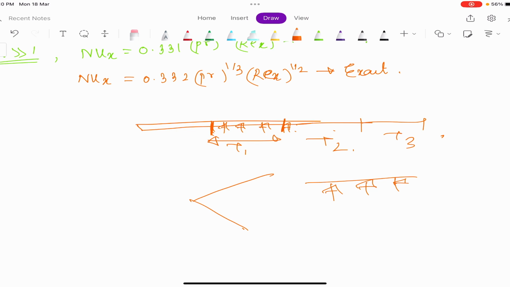I will start with internal forced convection for pipe flows, then I will go for parallel plates, then I will again come to the advanced topics of external forced convection, then I will try to cover some interesting advanced topics on internal forced convection, then we will go to natural convection. So this will be the roadmap for our upcoming discussions.